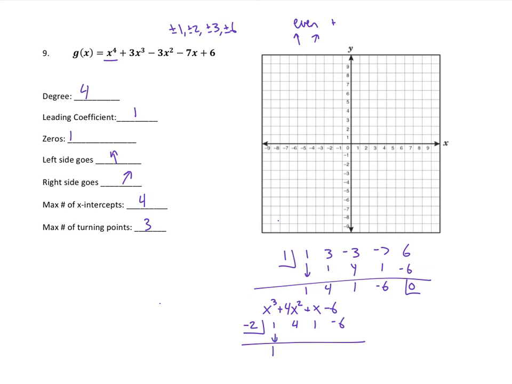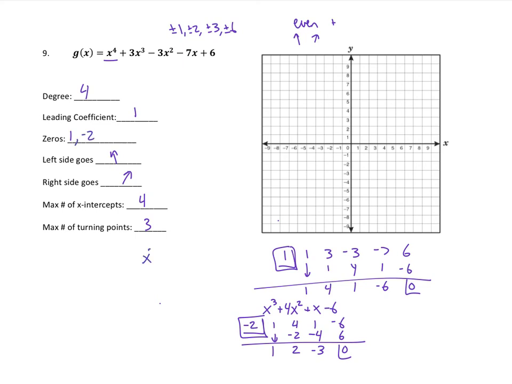Bring your 1 down. -2 times 1 is -2. 4 minus 2 is 2. 1 minus 4 is -3. -2 times -3 is 6, so we get 0. So now we know that 1 and -2 are both zeros.